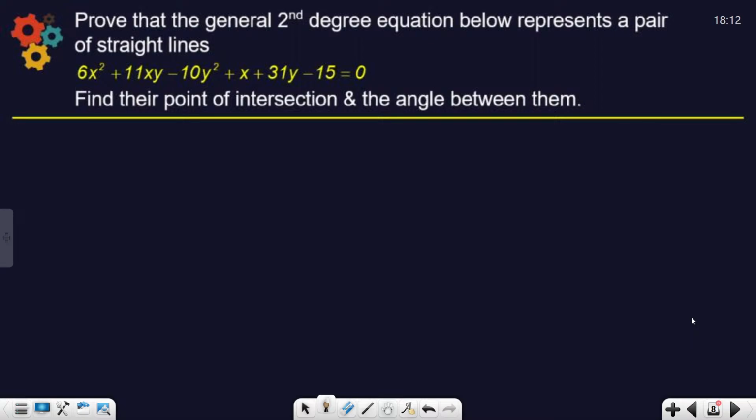So this question again. Prove that the general second degree equation below represents a pair of straight lines. Again, I'm not going to do this, because this you can check.